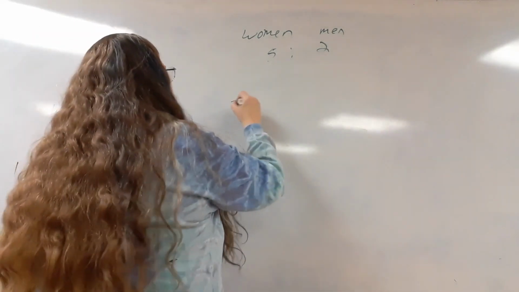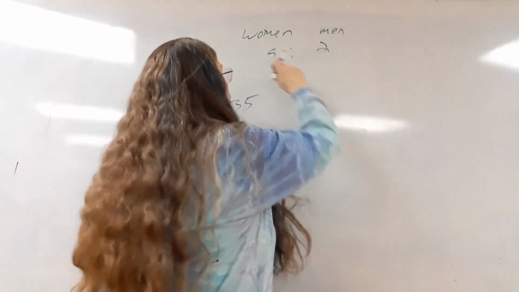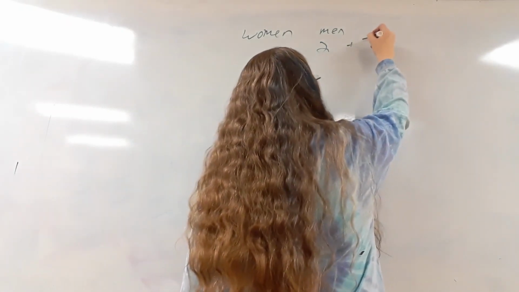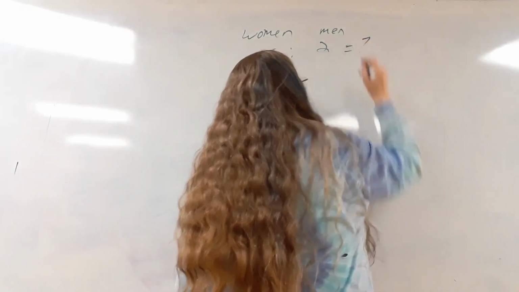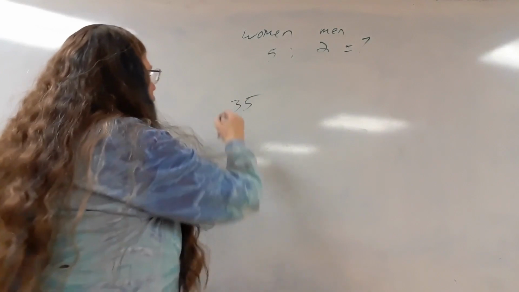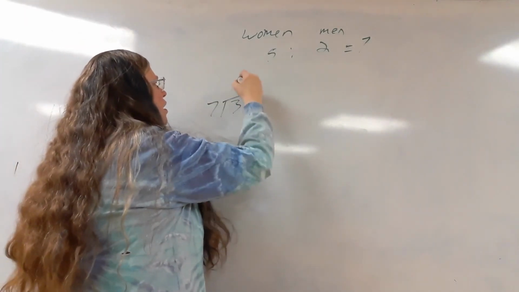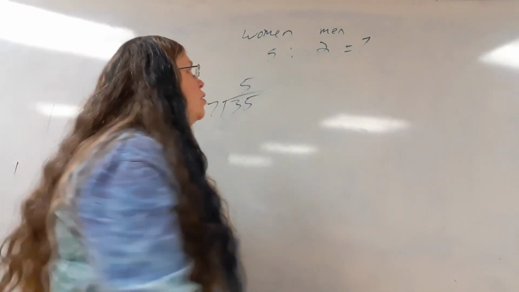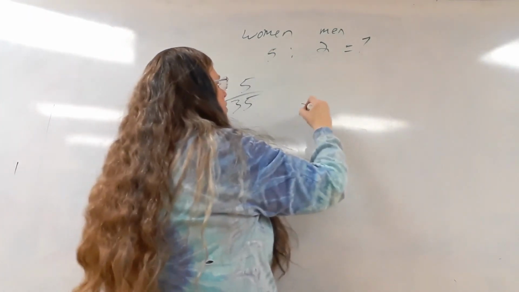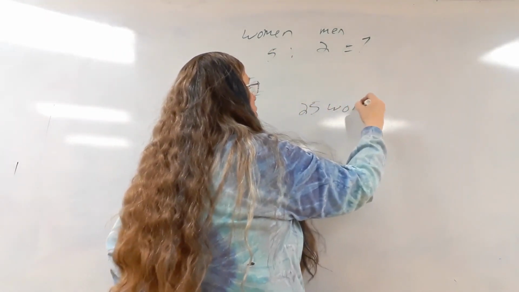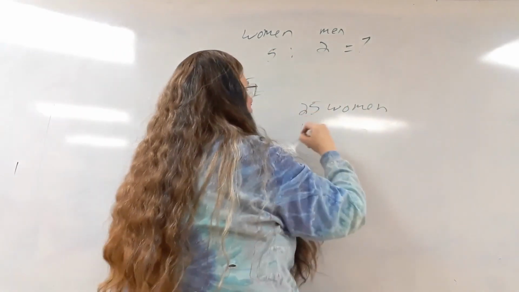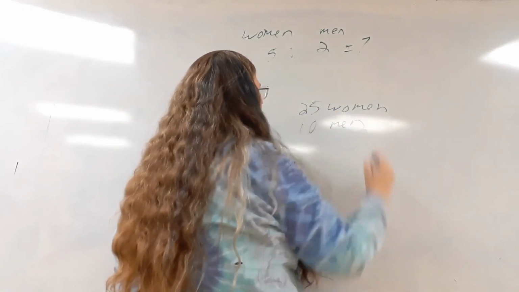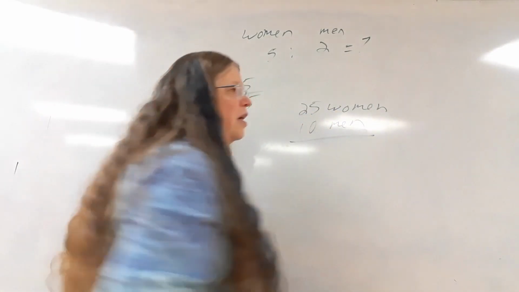Okay, 35 is our total. So 5 plus 2 is 7. So we're dividing 35 by 7 and getting 5. Which means that 5 times 5, there was 25 women. And 5 times 2 is 10 men. So they're asking for the men, so we get 10.